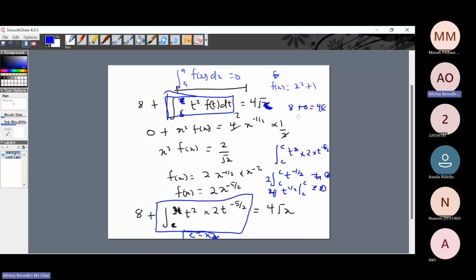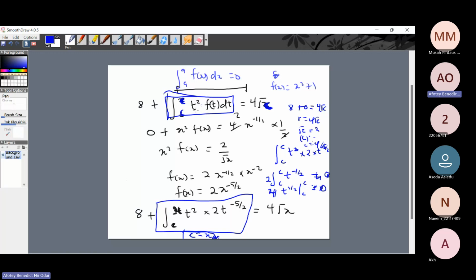So 8 is equal to 4 root c, and we get the root of c is equal to what? Let's see, 2. So we can just square both sides, and we get c is equal to 4. So that's just the solution that we had to do.